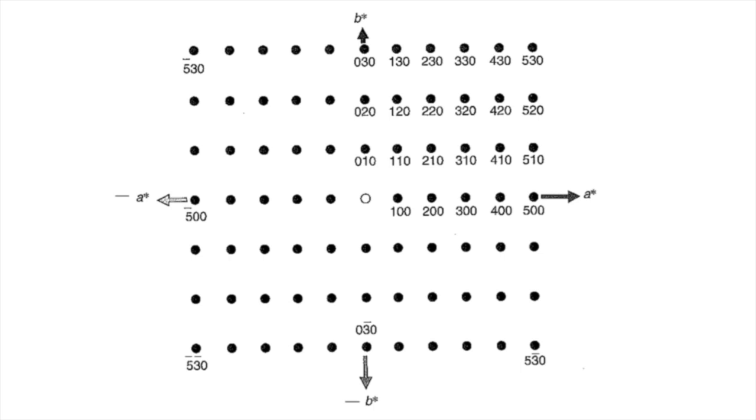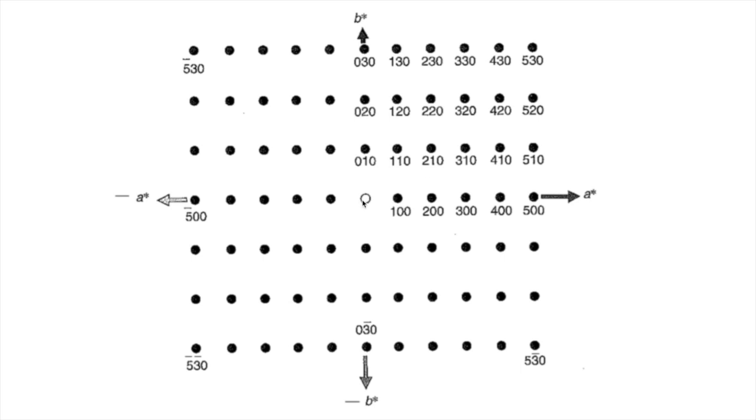So each one of these reciprocal lattice points corresponds to a set of real space lattice planes, right? Because if I draw a vector from the origin to a given point, that vector, we know from what I just mentioned, is related to a set of planes that are HKL, right?